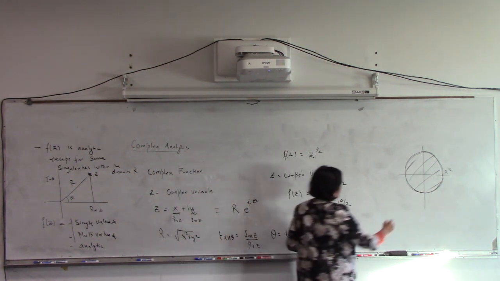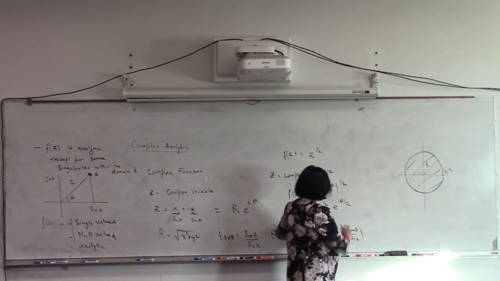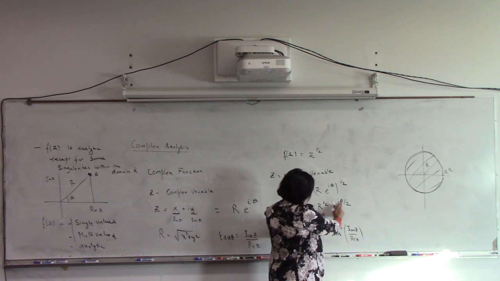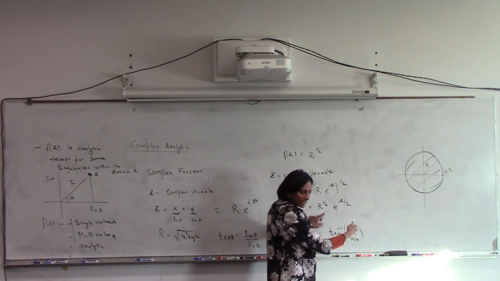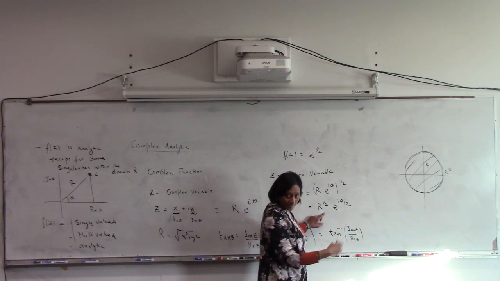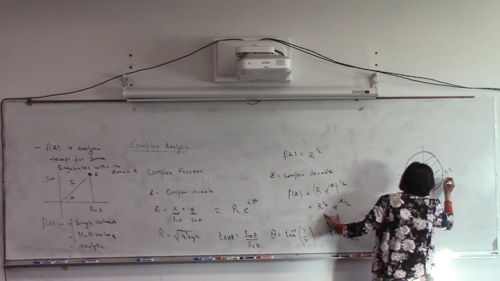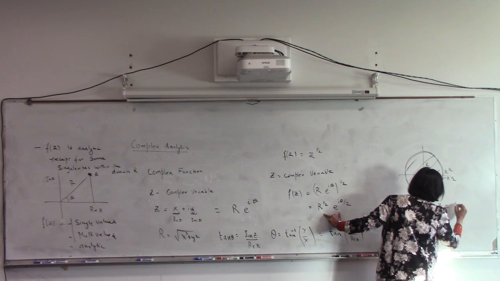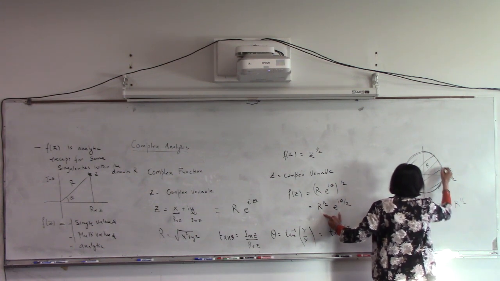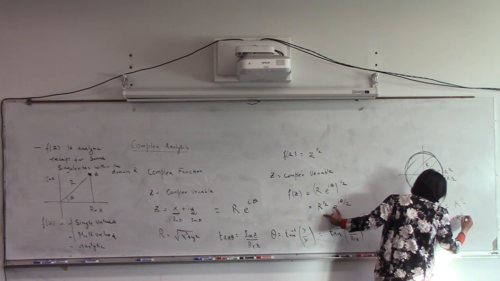When you go around once, theta is 2 pi, so that is pi, and e to the power i pi is cosine pi plus i sine pi. So what you get is the value of the function z is r to the half, or when you come and hit from here, it is developing a different value, which is negative r to the power of half.